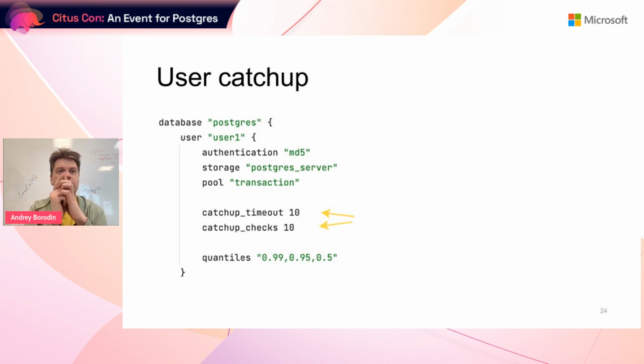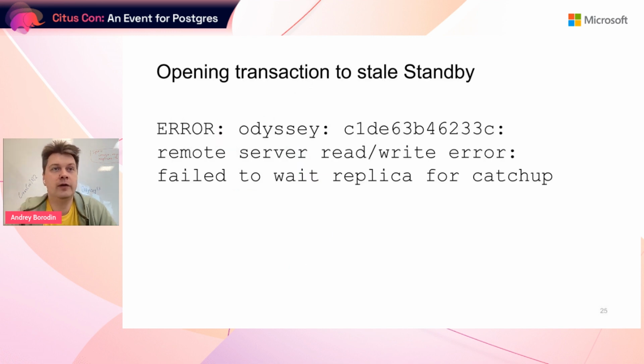If the user is trying to get a server connection for a new transaction and the server is behind this time, then we will wait for catch-up checks. And if the server does not catch up, we will return an error to the client saying that, sorry, this server is just stale, you can't read from here.